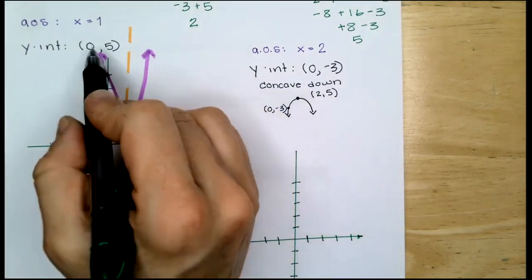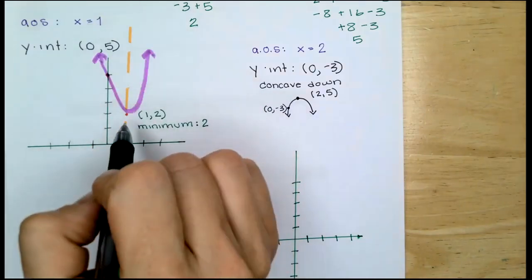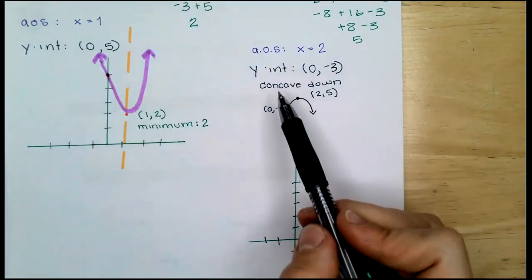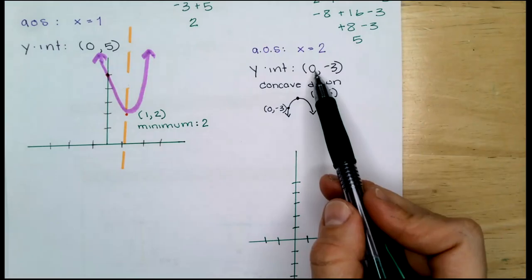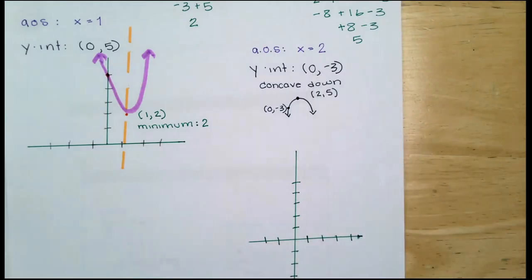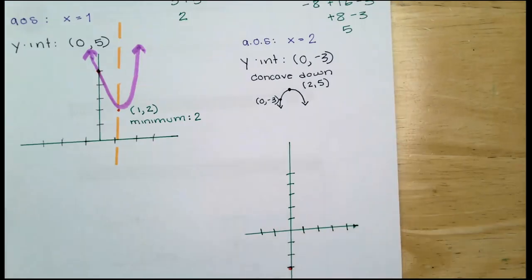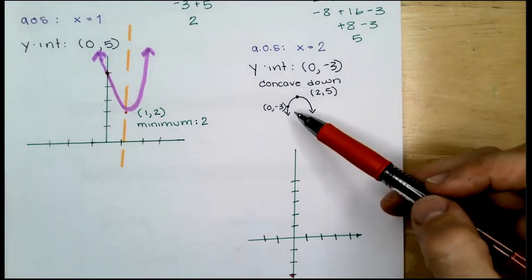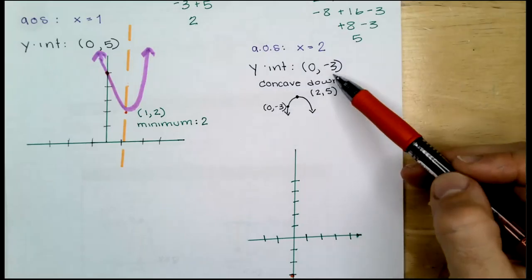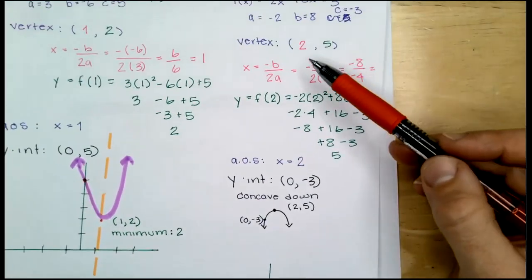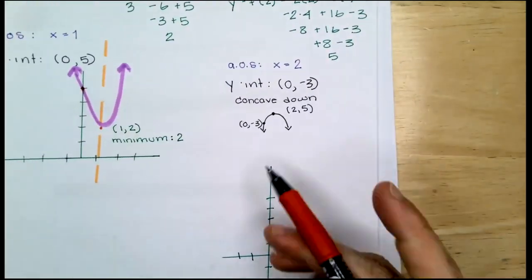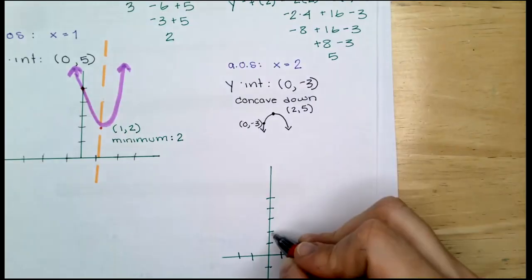I only made half of this before because I knew it opened up and that the lowest point was 1, 2. Now it's going to cross the y-intercept at negative 3, so this point is on the graph. And then the vertex is 2, 5. Positive 2, positive 5, so over 2, up 5.